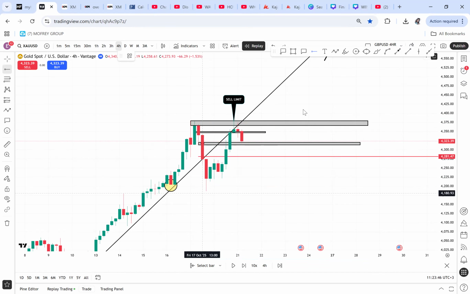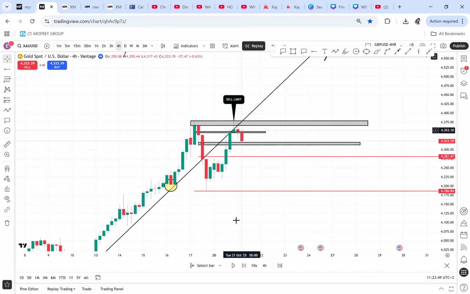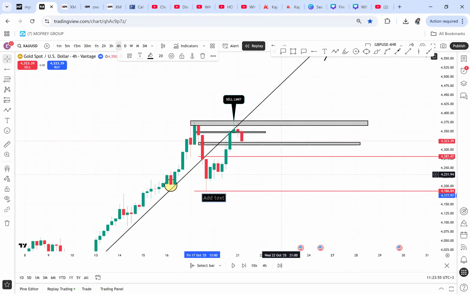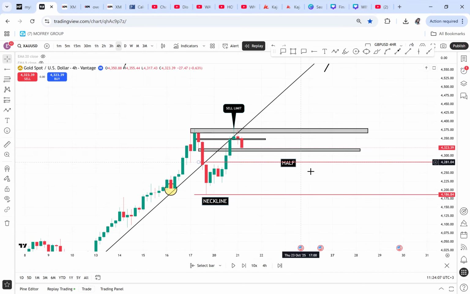So already our trade has been activated, and we are hoping that the market will either come to our neckline or our half. At least it should come to either of the two. You can use other time frames for entry because already you know that this market is a sell.